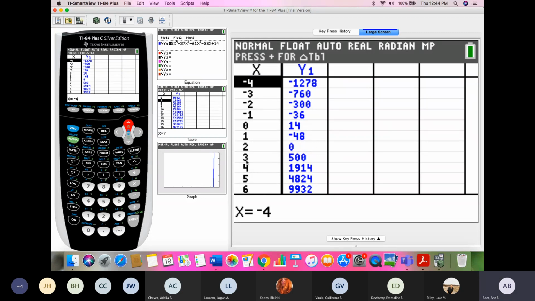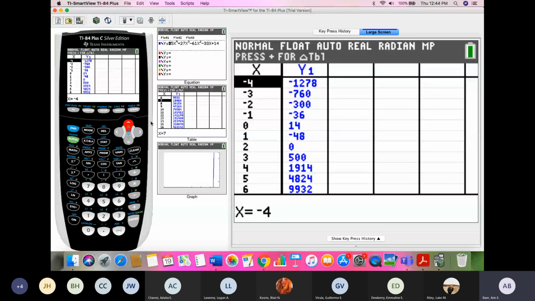Remember, a zero is an x coordinate. It's in the x column. A zero is an x coordinate that makes y equal 0. So the zero is a 2 here.